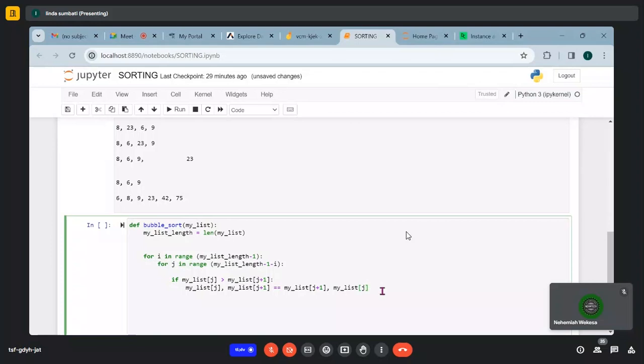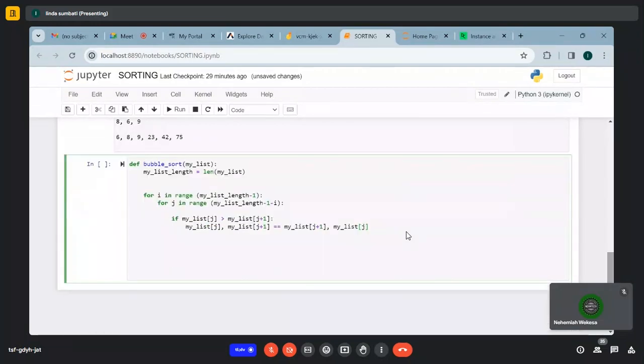Who is not with us? Maybe they are lost and want some explanation. Anyone? Can you come again one more time, please? We go through the whole algorithm again, the code part.